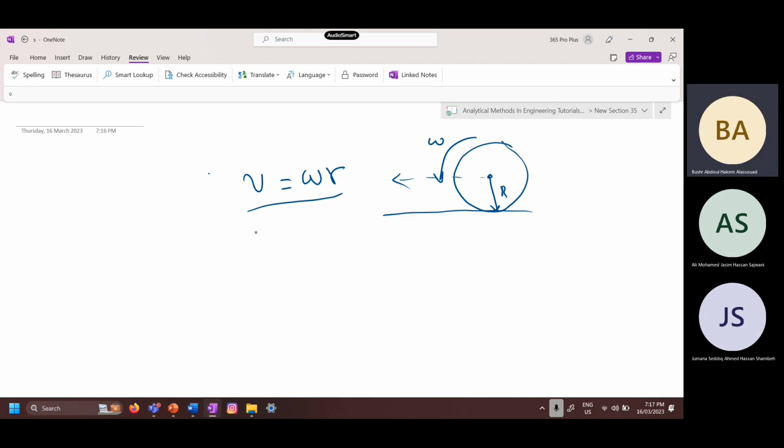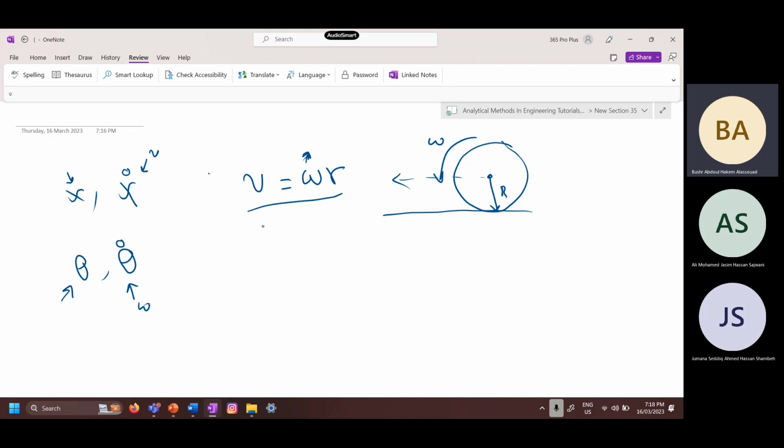Now we need to apply the variables that we use, which are x and x dot. And you can see that we have a rotational motion. For rotational motion, you will get introduced to new variables, which are theta and theta dot. x is the displacement, x dot is the velocity, theta is the angular displacement, and theta dot is the angular velocity, which is omega.